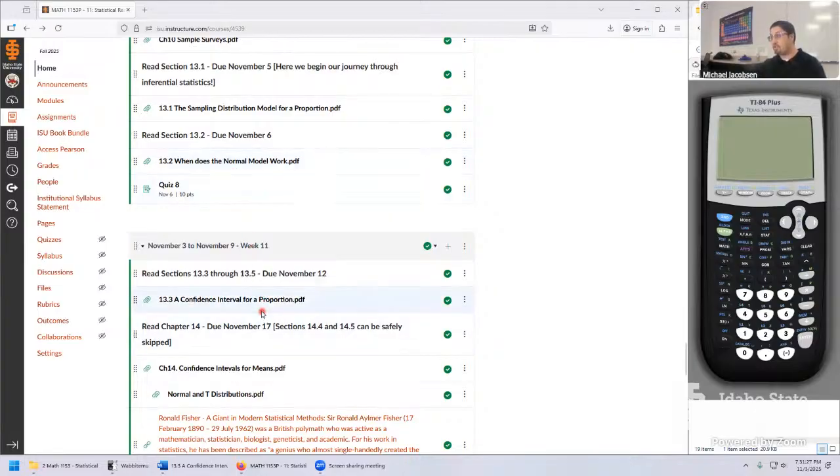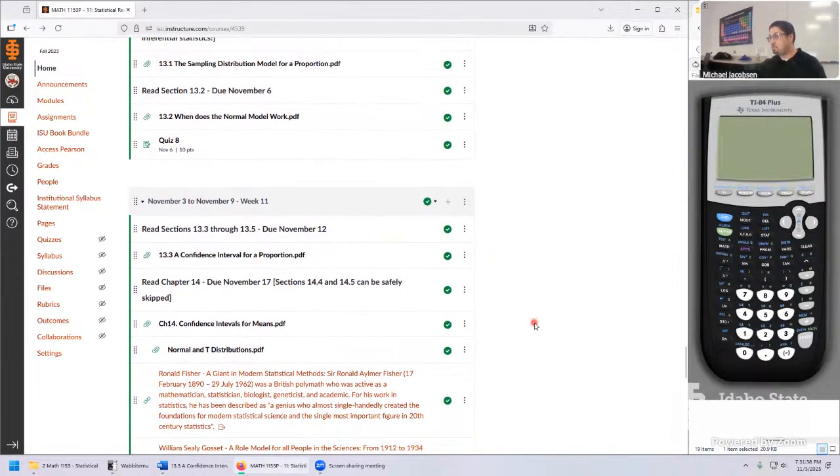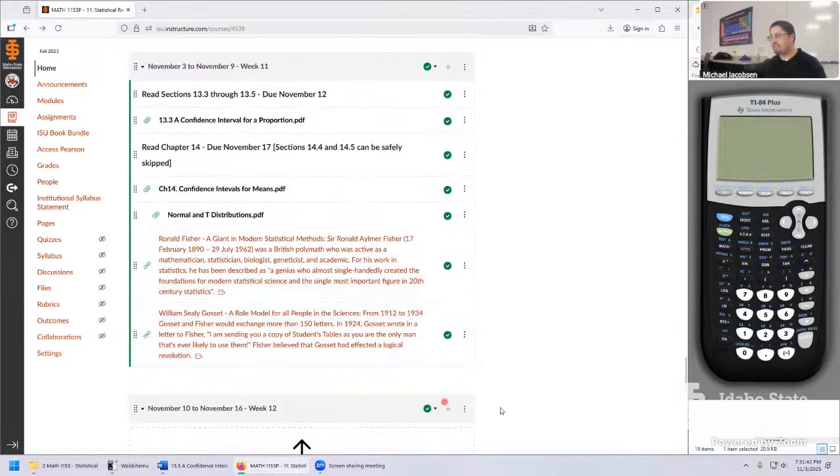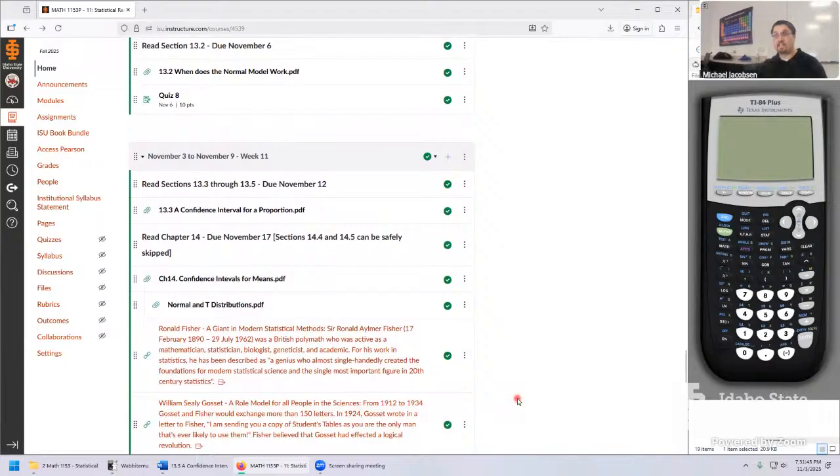And then the last question is going to be just doing the full confidence interval problem, but not asking you to do the condition checking at the same time. So that's going to be really just split into 2 different problems. So that means quiz 7, quiz 8, and quiz 9 is going to be a pretty good coverage of what you're going to expect to see on that exam.